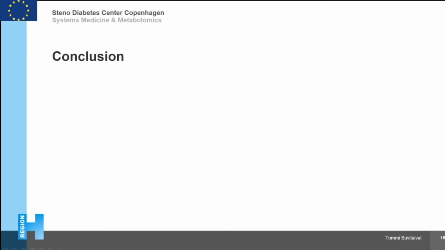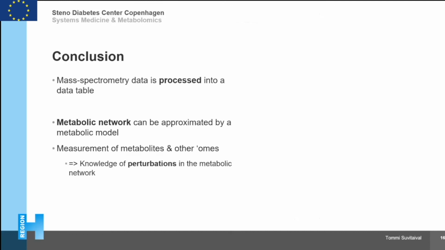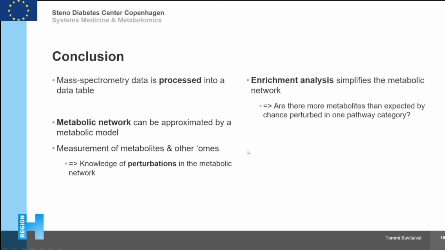So with that, I'll just wrap up. We need processing of the data to start with, and we can use metabolic models to explain the metabolic networks. And when we measure omics, we can understand what is going on in the network, what is changing.